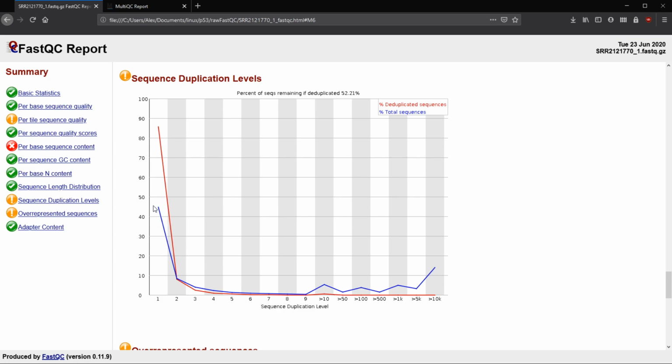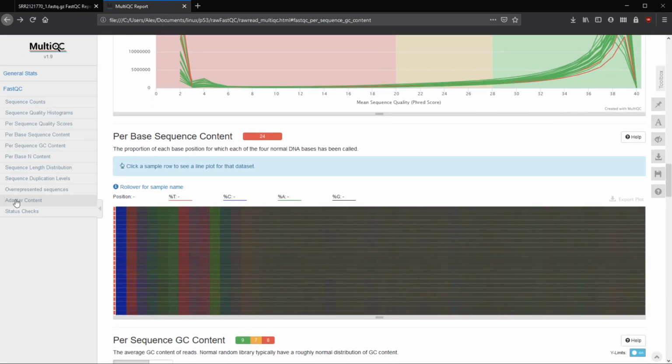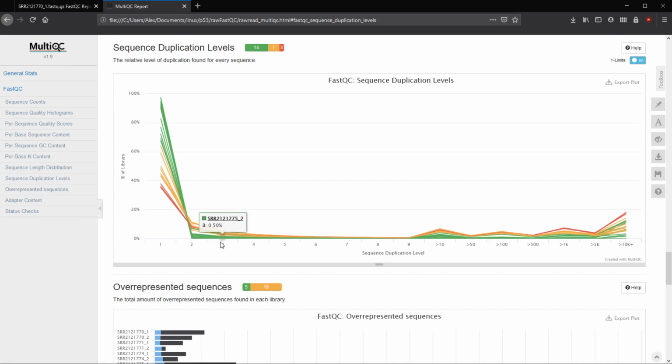So we have about 50% of our total sequences that only have one. So that's pretty low. Let's see if we can go here and find that too. Yeah, we can see a lot of them are at 1, but the one that we have is somewhere in here.